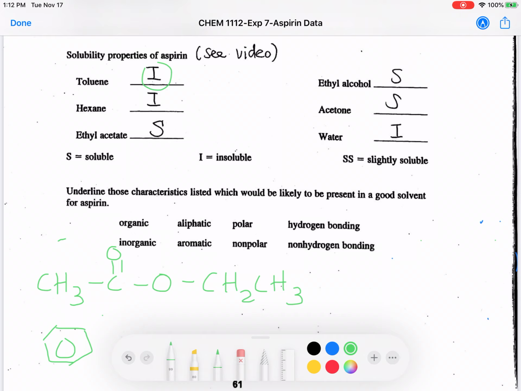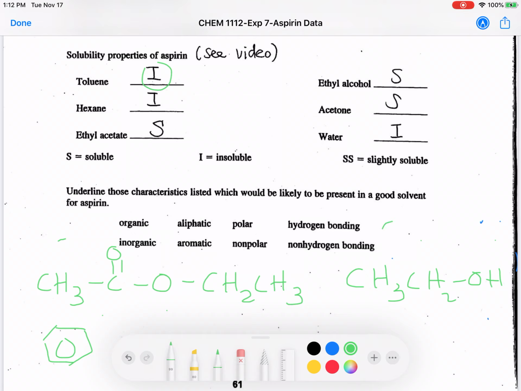And then we have ethyl alcohol. Ethyl alcohol is this CH3 CH2 OH, and this is again aliphatic and polar. It is soluble. So ethyl acetate, ethyl alcohol, aliphatic and polar. And also it can have hydrogen bonding. Acetone.